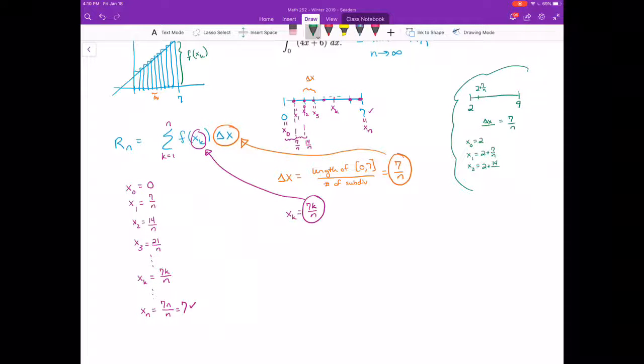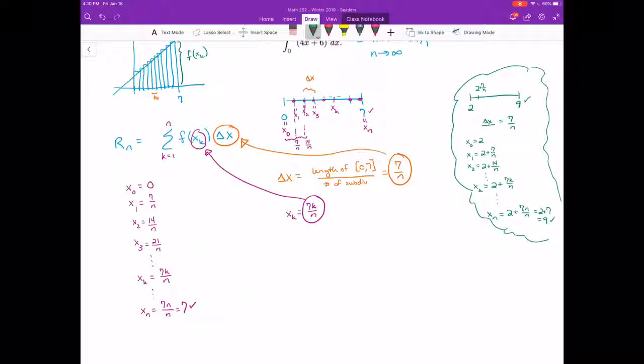And then the second one would be 2 plus 14 over n. And x sub k would be 2 plus 7k over n. And I could still check my nth value, that I have 2 plus 7n over n, which is 9. And that's my right-hand input. So that's how I determine what my right-hand inputs are.